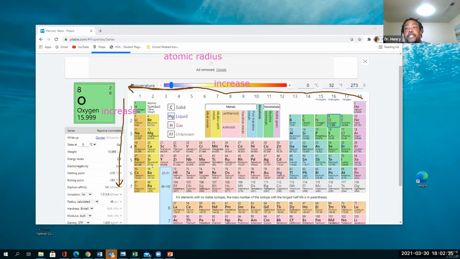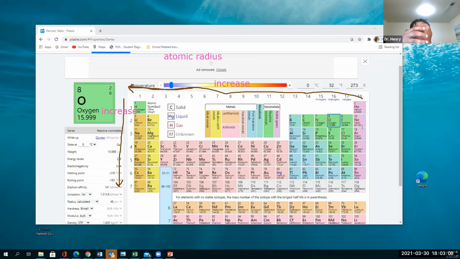Now, the fact that it's increasing going this way, even though in theory you're getting more electrons added going the other way, makes us think a little bit. The reason why that happens is because these are all in the same energy level, so they have a limit that they can get to. Because the center is positive, the more positive charge you have in the middle, the more it's pulling those electrons closer to it.